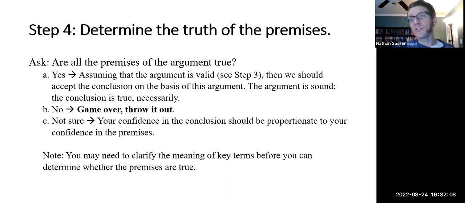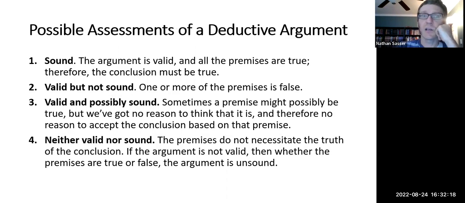Okay, so once you've walked through all four of those steps, there are four possible verdicts you might give about an argument. You might determine, and this is the best case scenario, the argument is sound, it's valid, and all the premises are true. You should accept the conclusion of the argument on that basis.